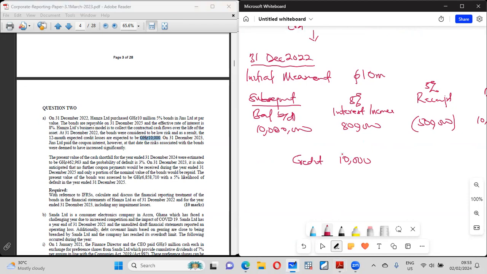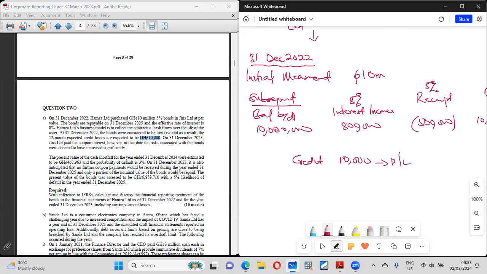Our 10,000 is going to our P&L. All right, it's as simple as that. The same 10,000 is going to reduce the carrying amount of the bond.